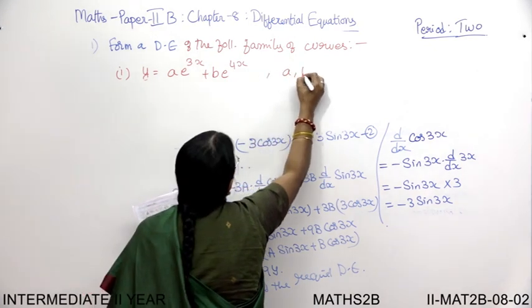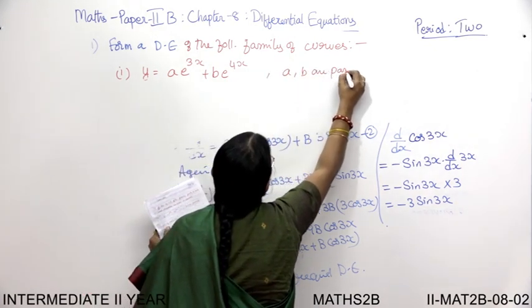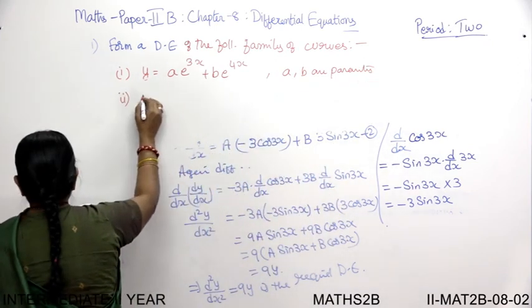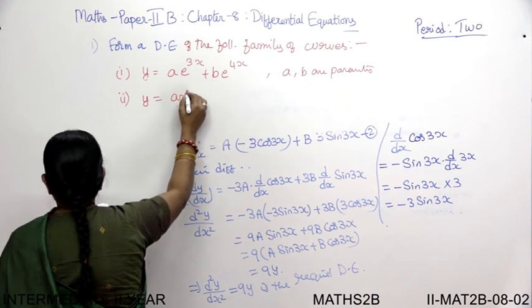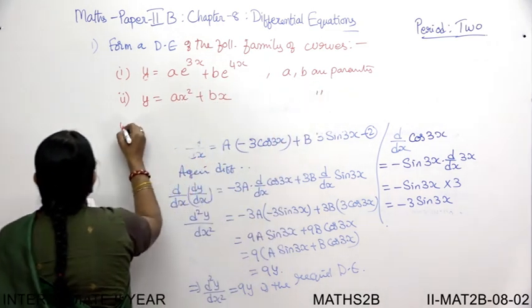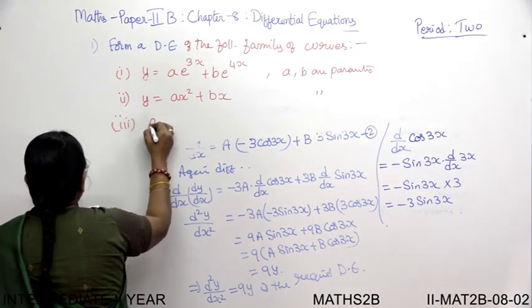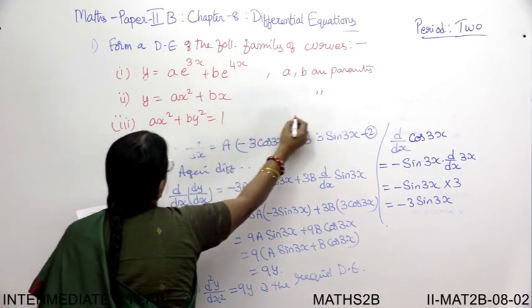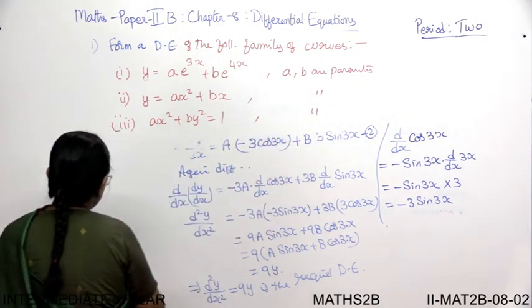So here a, b are parameters. Now second one, y is equal to ax square plus bx. Here also a and b are parameters. Third one, ax square plus by square is equal to 1. A and b are parameters.